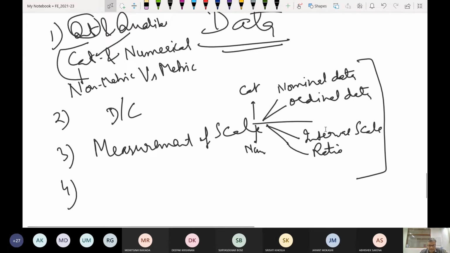So if I say profit and loss or temperature, where 0 can be one of the values, then we are talking about interval scale. Ratio scale is when 0 is the absence of that thing. Like height, zero height means that height is not there. That type of measurement scale is ratio scale.